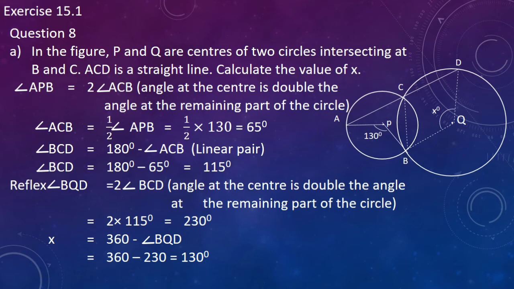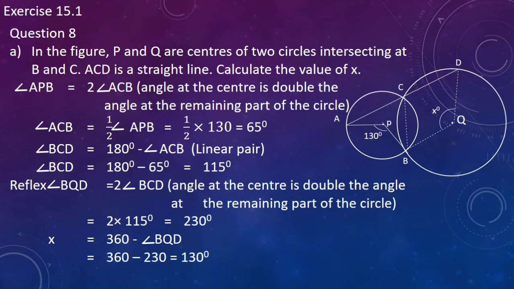Now, ACD is a straight line. Angle ACB is 65 degree. We can find out angle BCD by taking the linear pair, that is angle BCD is equal to 180 minus 65, that is 115 degree.